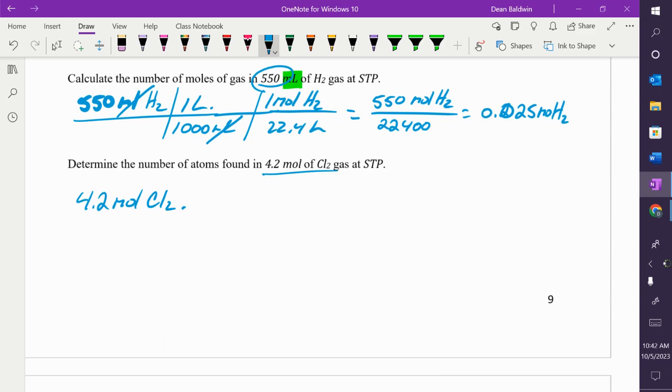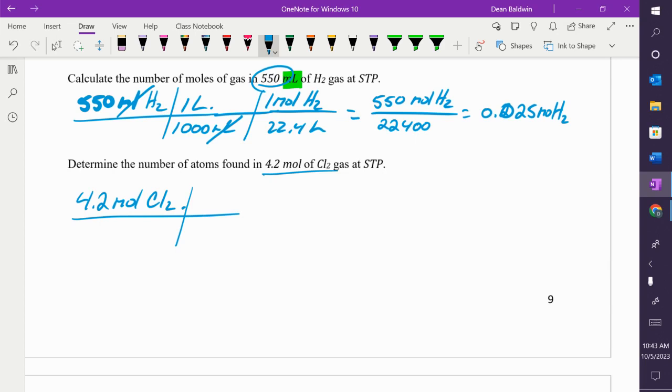At STP, so 4.2 moles of Cl2. I want to know how many atoms. So what am I going to do here? What conversion factor am I going to use? We're talking about atoms and moles. Avogadro's number.